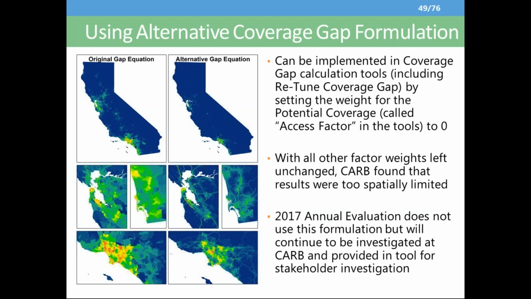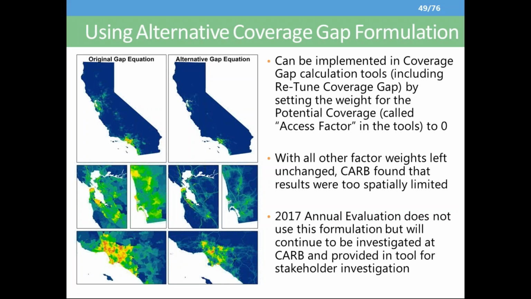And in the tool, the way to actually implement this is not to run a different tool. It's just to set that potential coverage factor's weight to 0. The logic within the tool, within CHIT, is written to notice this and determine which equation to use based on whether the weighting for that factor is 0 or a number greater than 0.